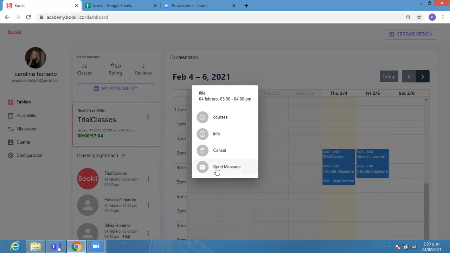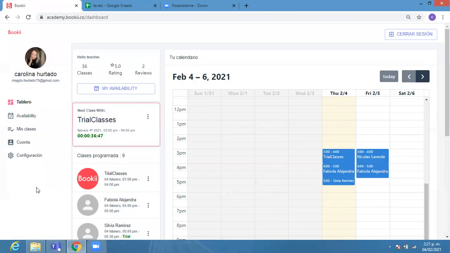This button, send message, is just for teachers, when we want to let students know, as a reminder, that we are waiting for them for the class. So don't forget, it is really important for Bookii to let students know that availability is their own piece. It means they pick their teachers, they pick the schedule.